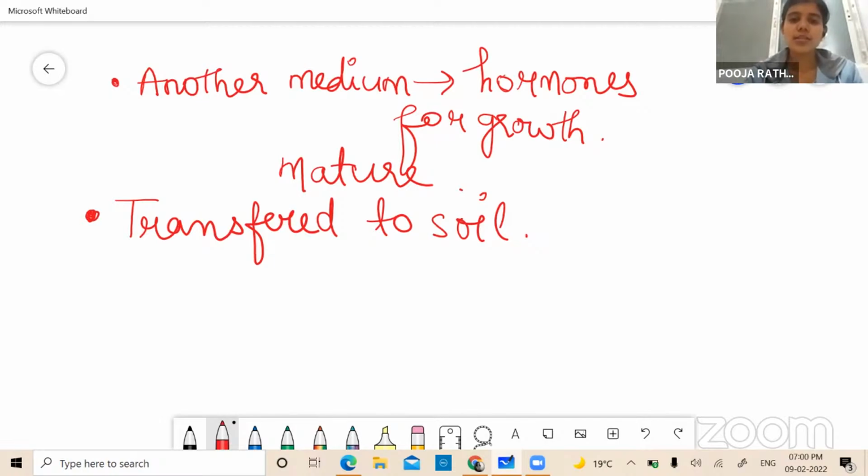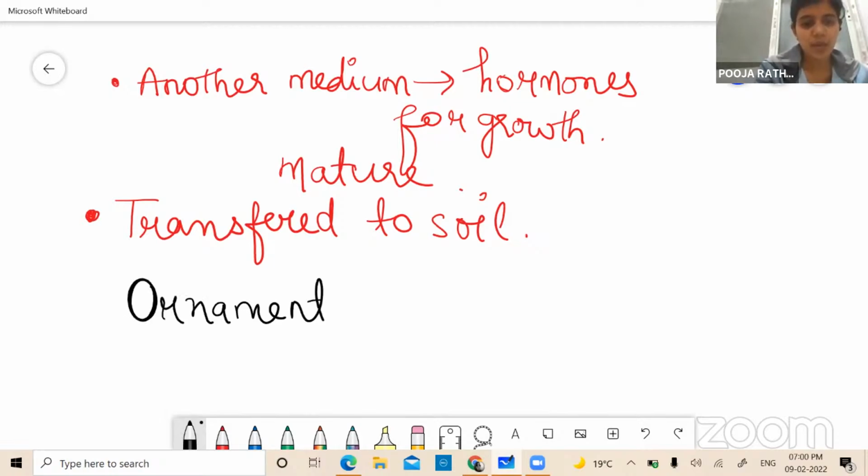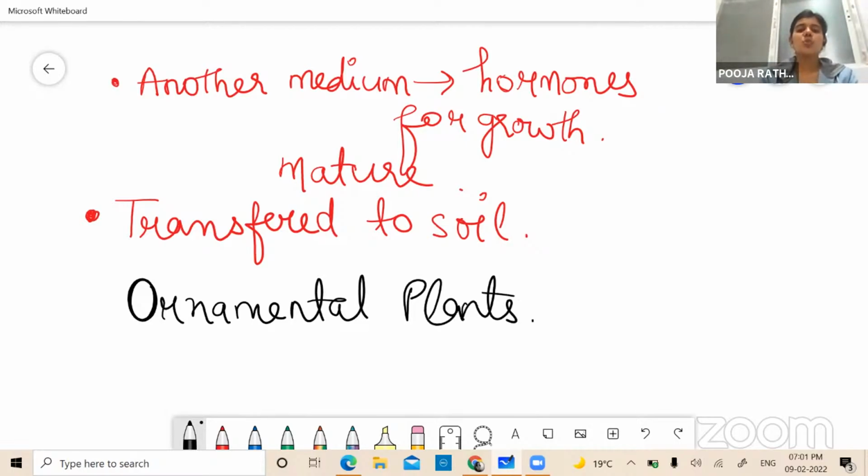Mostly tissue culture is helpful for growing ornamental plants, that is, those plants which are only used for showing. Ornamental plants are mostly grown through tissue culture. So what steps have we learned in tissue culture?